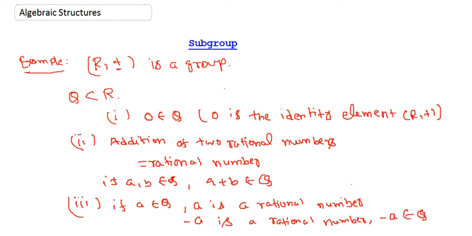So here we have seen that all three properties are satisfied. It contains the identity element of the group, and if we take two elements, after the composition the element also belongs to the set. If we have an element belonging to Q, the inverse of the element also belongs to the set Q, so it contains the inverse elements.